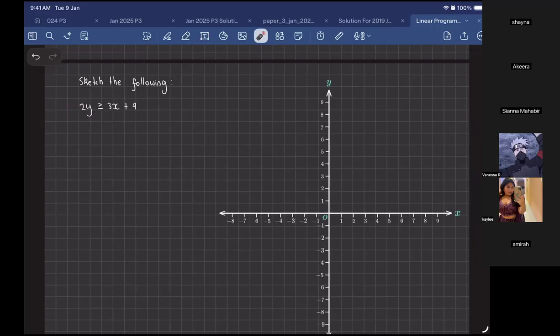Will it be 2y is equal to... When I say equal, it's real simple. Whatever inequality sign is in the middle, just replace that with an equal. That's literally it. So it'll just be 2y is equal to 3x plus 9, right? But what's after that?